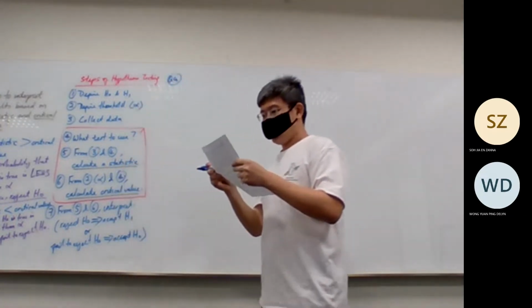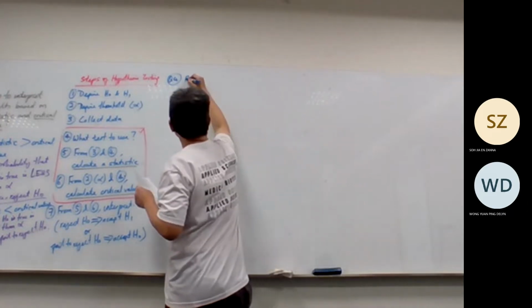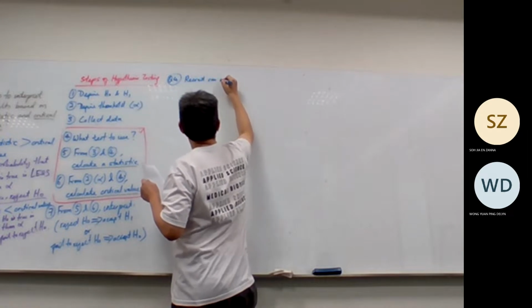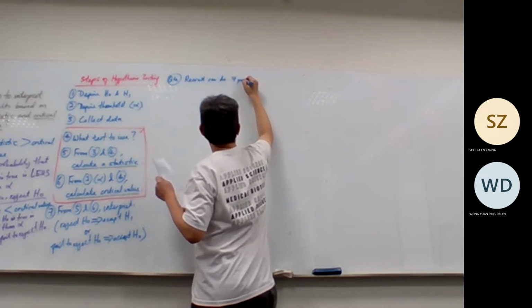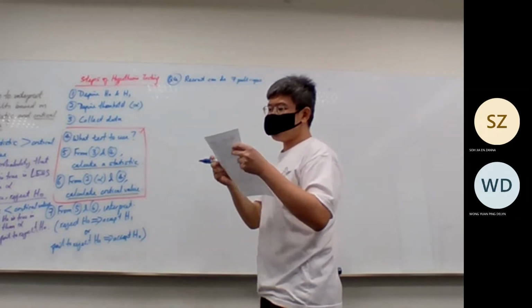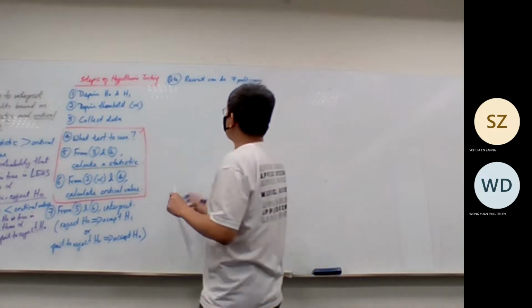Okay. It says that a recruit can do 7 pull-ups, essentially. Okay. And Sergeant Rambo thinks that the recruit undergoing his training is more than 7.